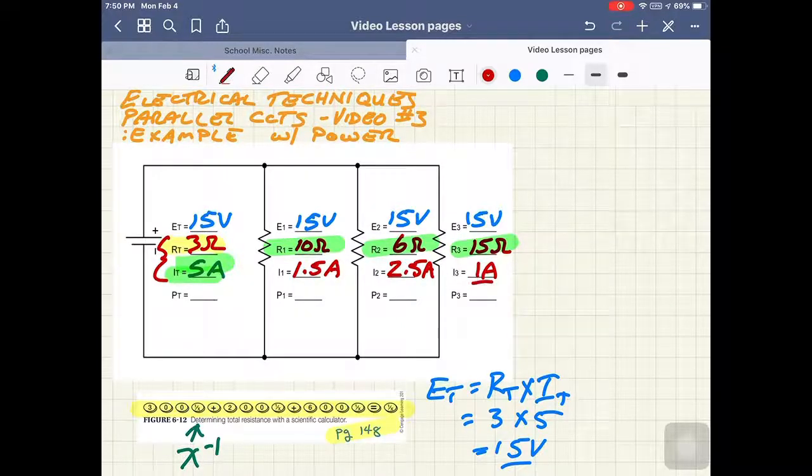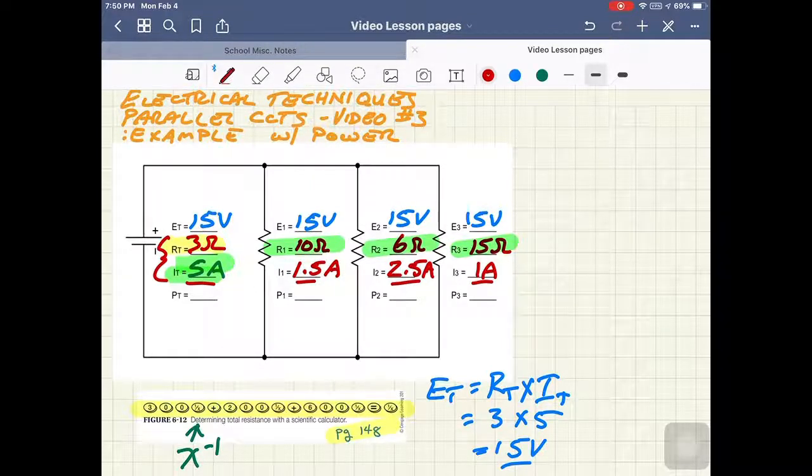All right, by adding 1 amp, 2.5 gives me 3.5, plus 1.5 gives me 5, and that verifies with our total current of 5 amps. So always a good idea to do a double check like that, make sure that all the numbers add up. All right, especially with current, because with resistance you got to use the reciprocal method. Okay, so that works out perfectly.